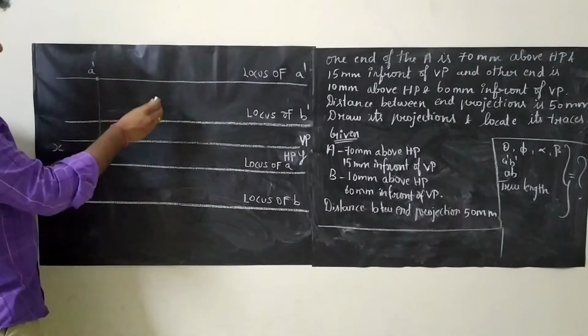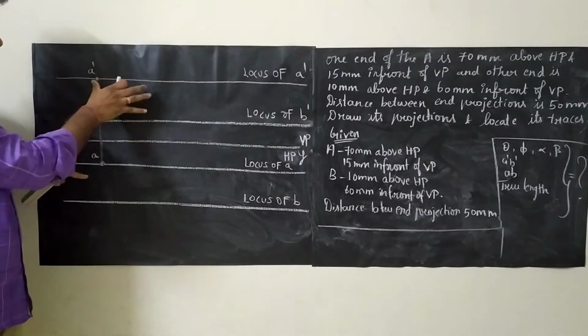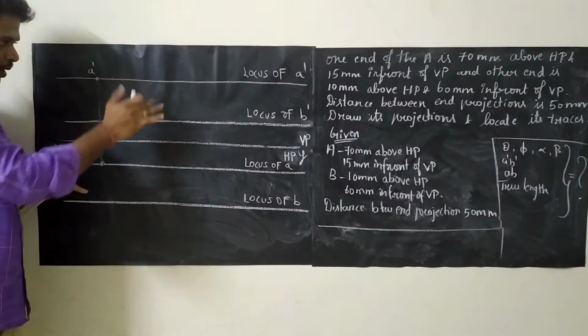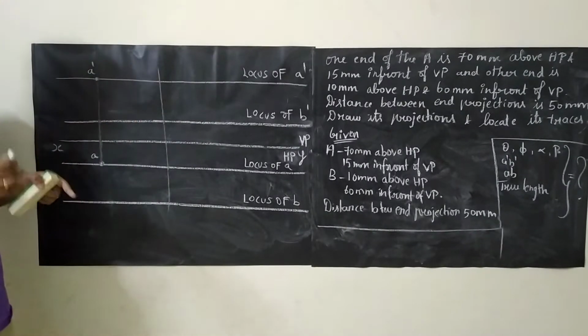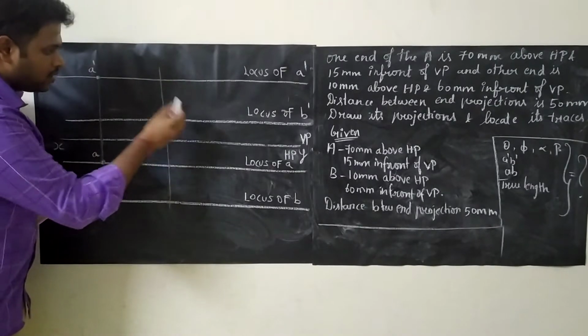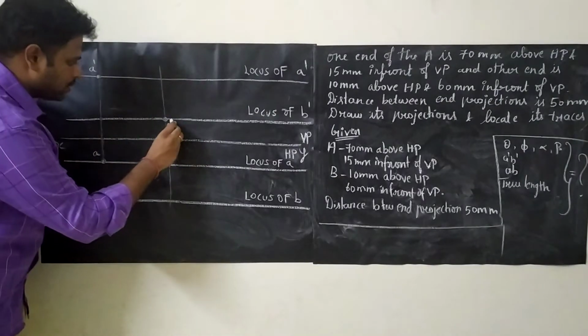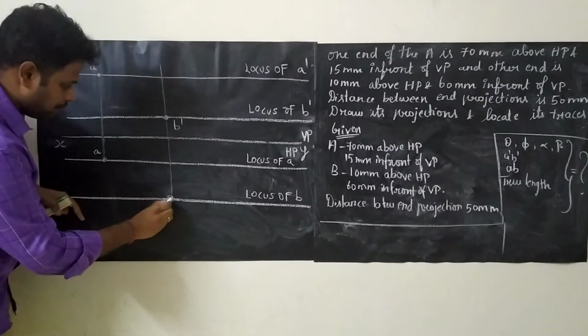Try to take a distance of 50 mm and draw a straight line like this. So you will get two points. This point is your B dash, and this point is your B.